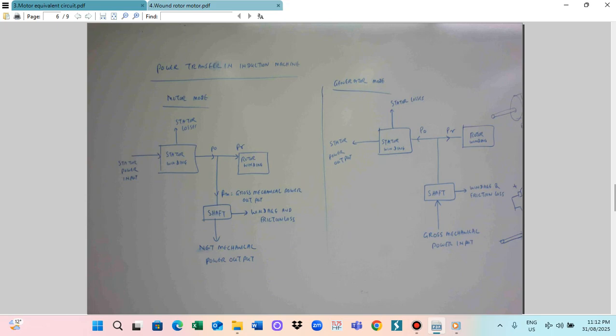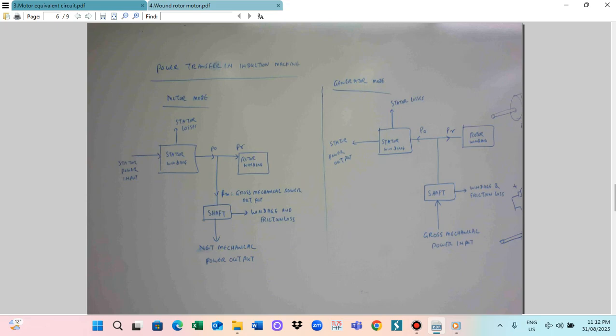So for the motor mode, we set the stator power input. The stator power input goes to the stator winding. Then we have some power loss, the stator loss. The output power goes to here, PR.